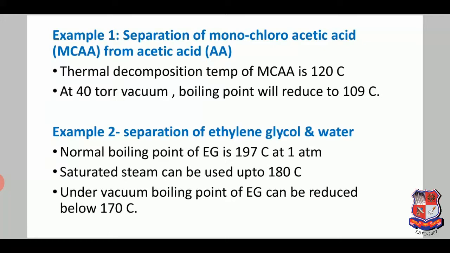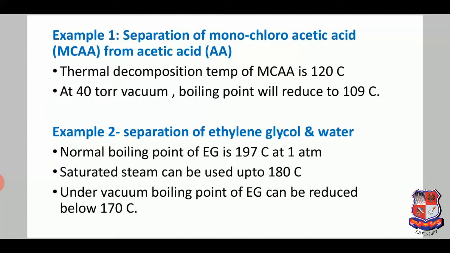Its boiling point was 190 at 1 atmosphere, but at 40 torr, its boiling point is reduced from 190 to 109. So this is the beauty of vacuum distillation. And one more advantage I have covered, that you don't need higher types of heating medium. You can use saturated steam as well.